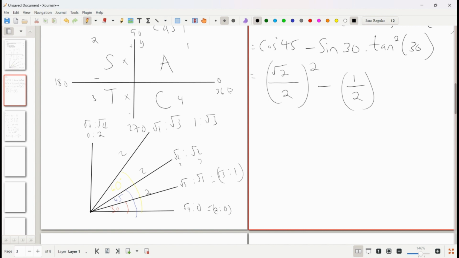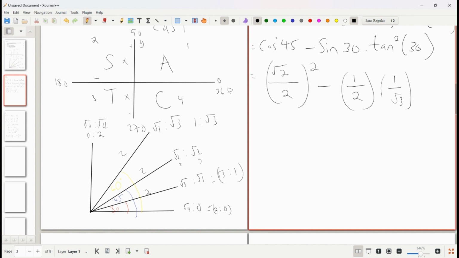And then the tan square 30, let's see, tan 30 is again here. So what will be our tan 30? Let's check the coordinates. Remember, tan is opposite over adjacent. So our opposite is 1 here. Adjacent is square root of 3. So it will be 1 divided by square root of 3.